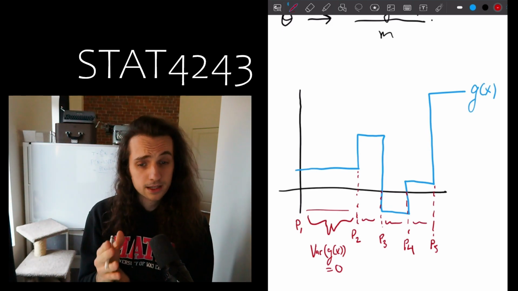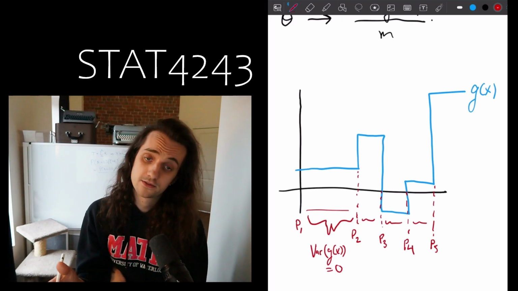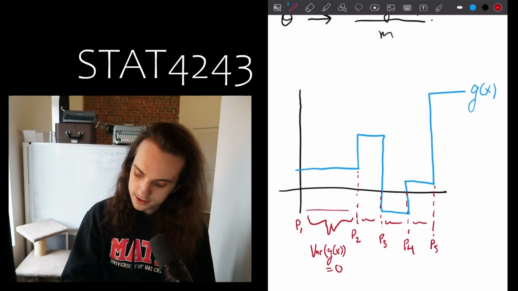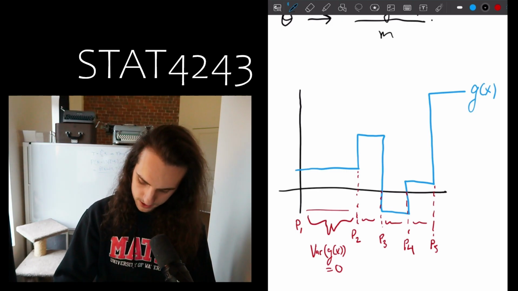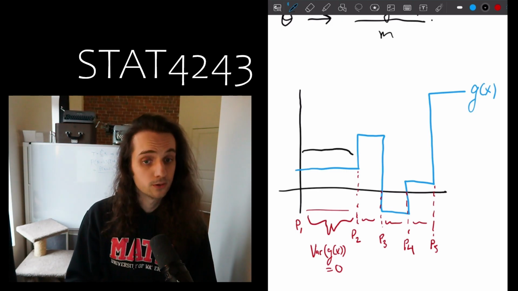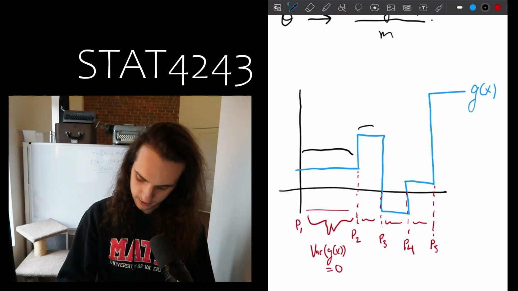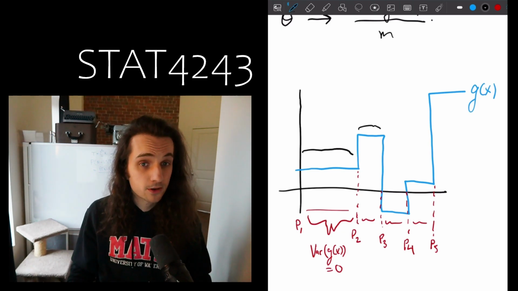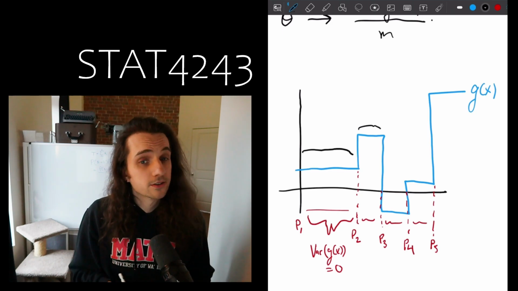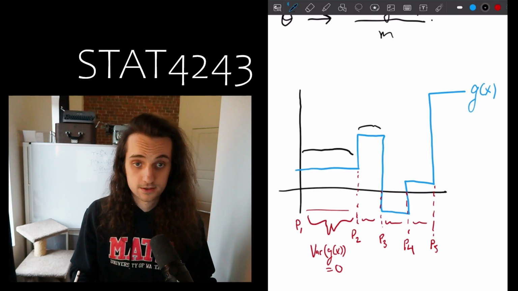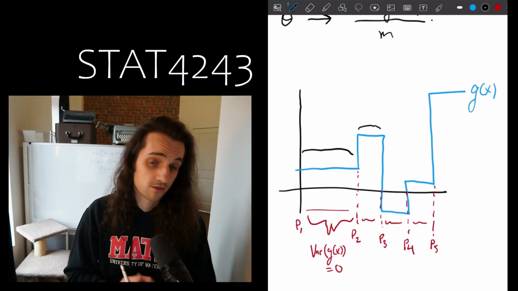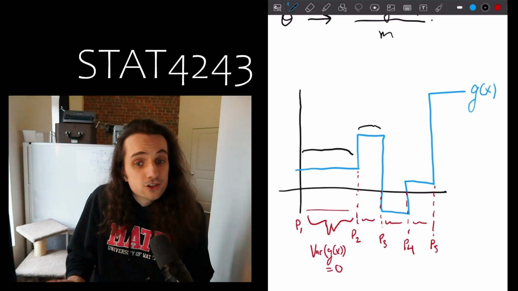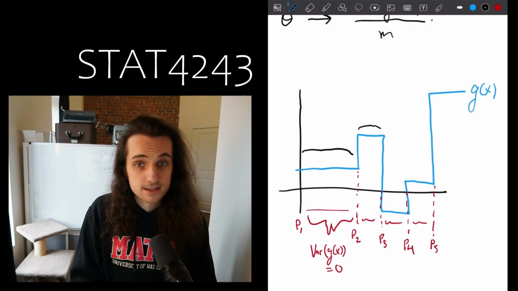And so if we had known this, we could have divided up this function so that we integrate each of these components themselves. What we're going to find is that if we were to use Monte Carlo on just this first segment, or Monte Carlo on just this second segment, and then we add them all together, we're adding together a bunch of independent estimates, right? What happens on the first segment doesn't depend on what happens on the second segment, and so the variance is just going to be the sum, but each of these is going to have variance 0, right?